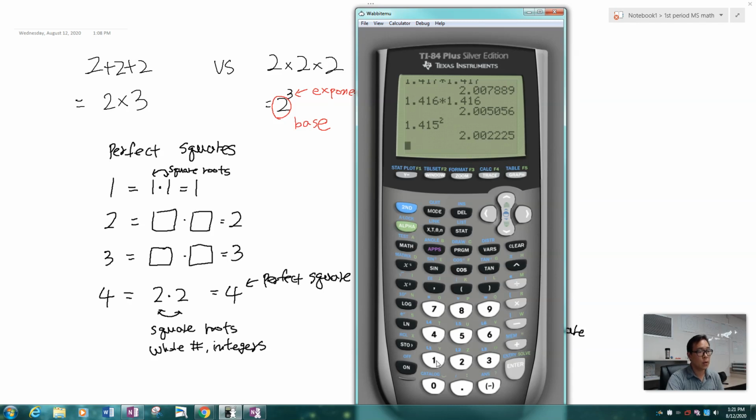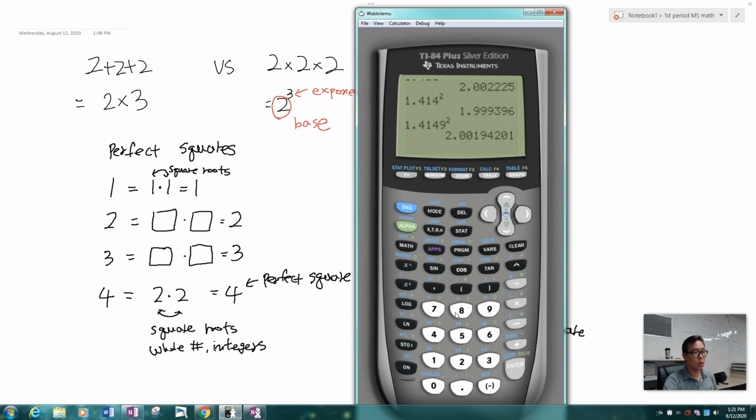So I'm going to type 1.414 squared. That means 1.414 times 1.414. Enter. Okay, very close, but it's less than 2. It's not 2. So what about if I go one more decimal place? 1.4149 squared.